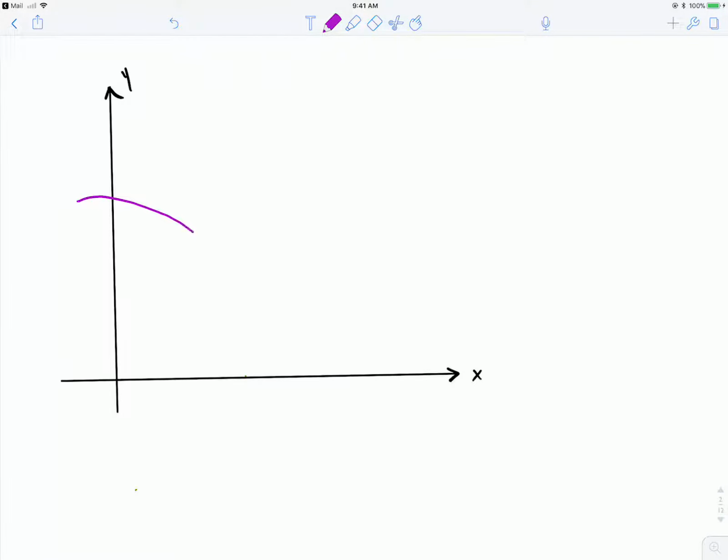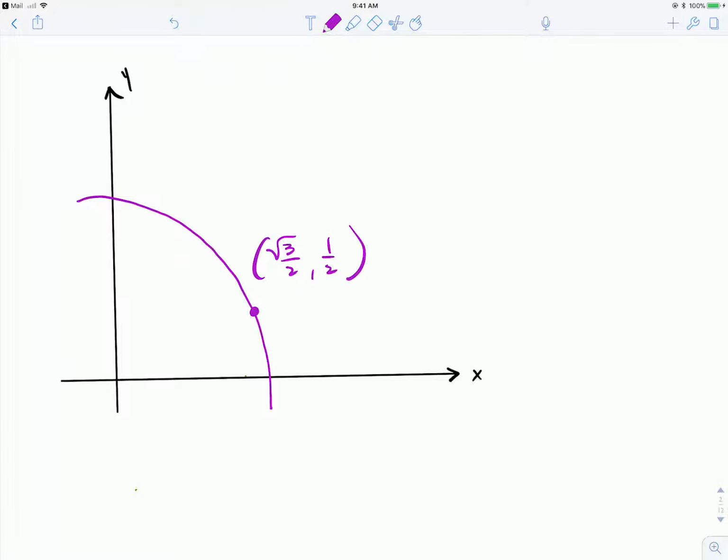So let's say that this is the unit circle just in quadrant 1. I apologize for my portion of that circle. Okay, so one point that we know lies on the unit circle is the point root 3 over 2 comma 1/2.